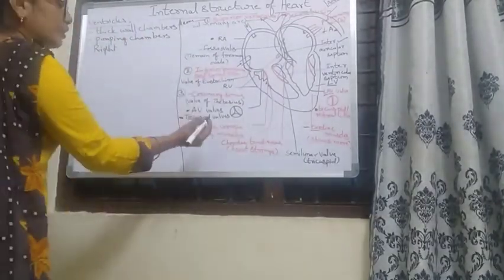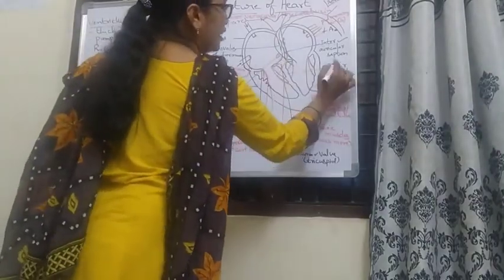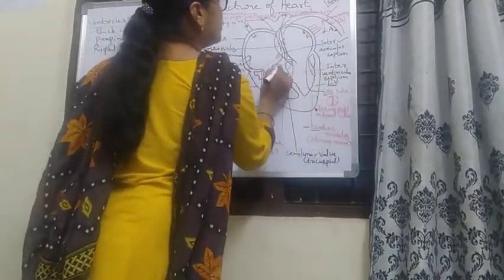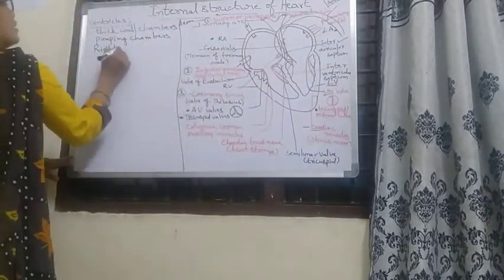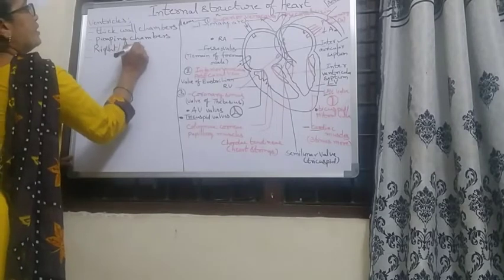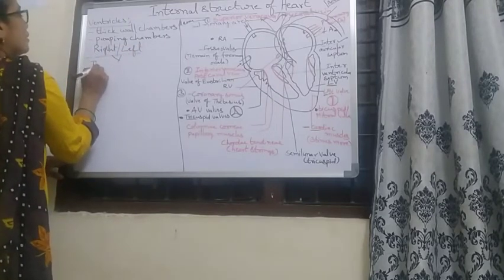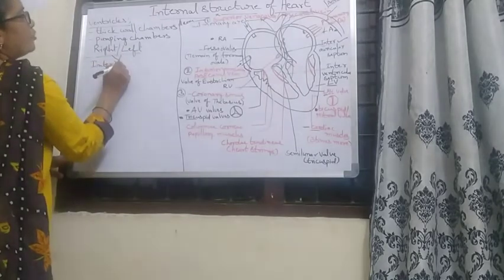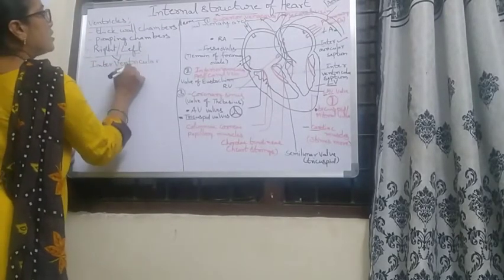The right and left ventricles are separated by the interventricular septum.